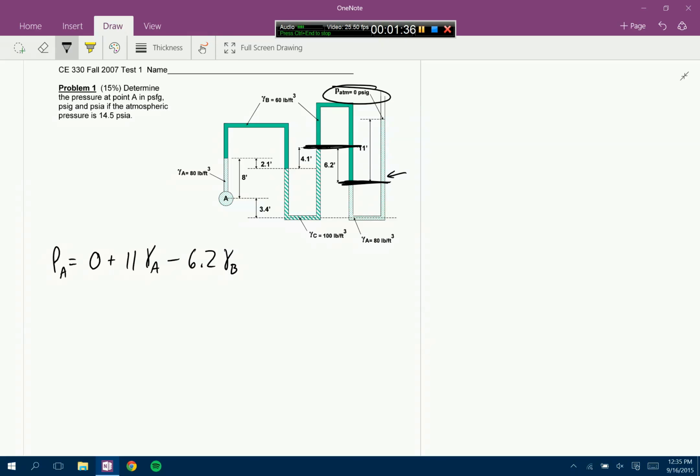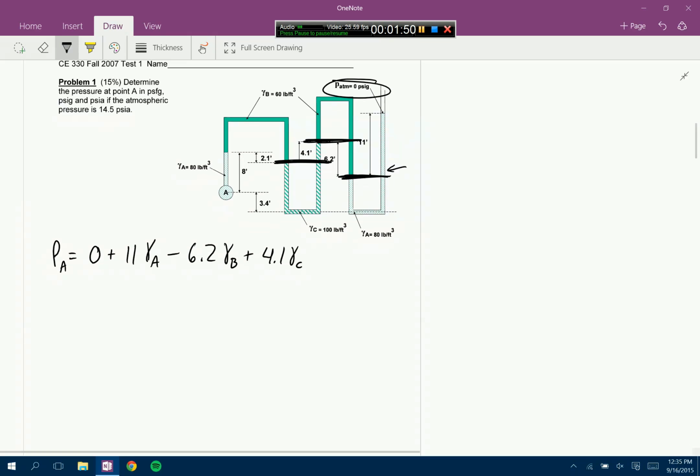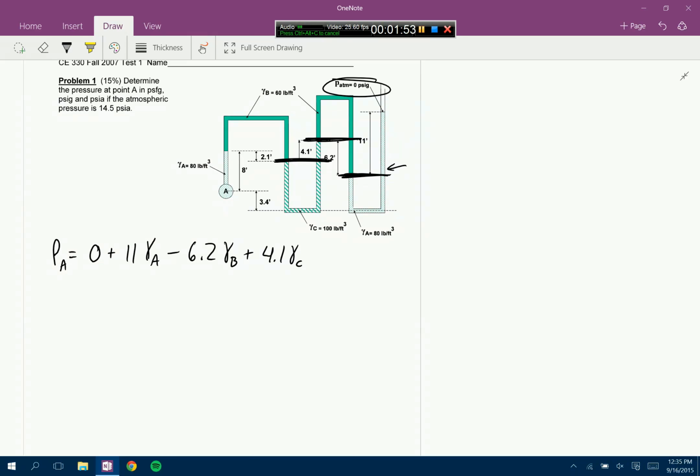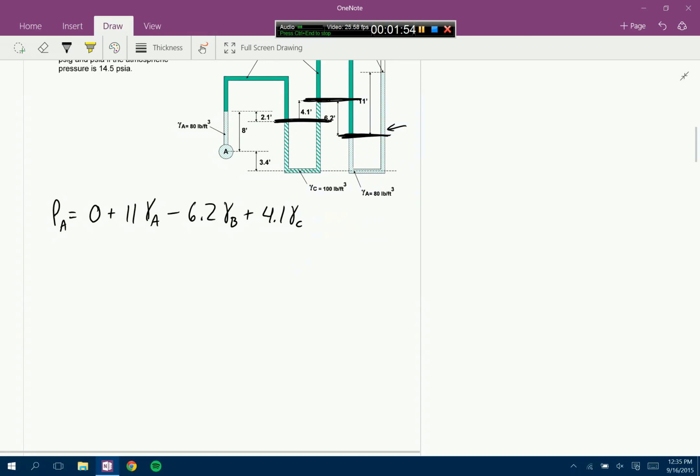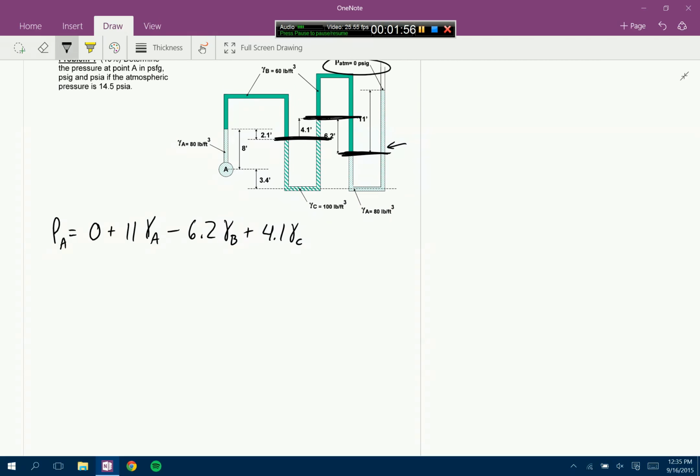And then we are going to find the pressure here, which is the distance. This is going to be plus because we're going down in the negative z direction, and the distance is 4.1 feet times the specific weight of that fluid, which in this case is gamma C. And then we can find the pressure right here, which is 2.1 feet up, so that's going to be negative.